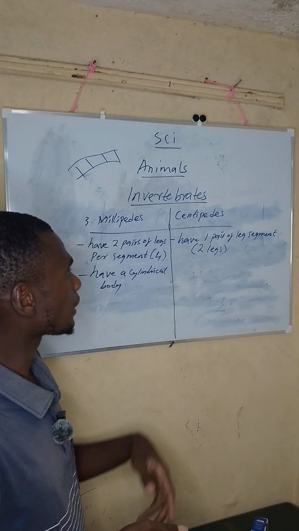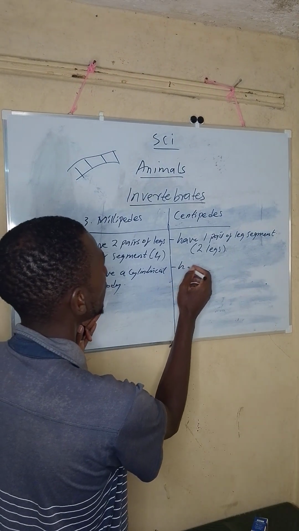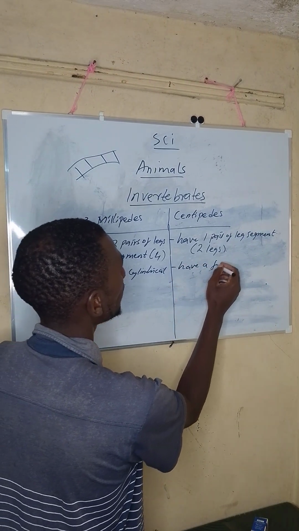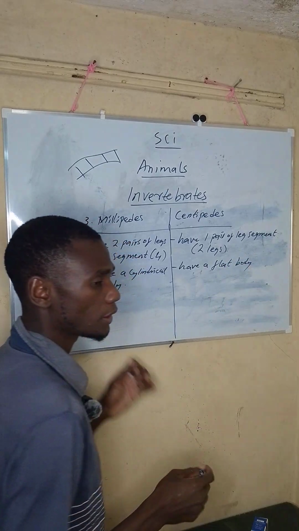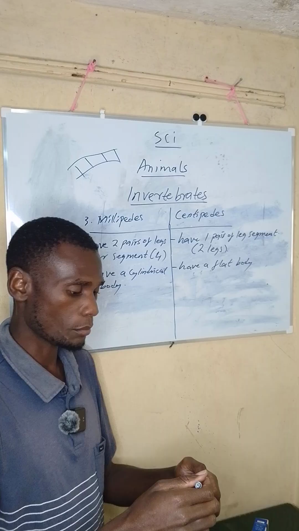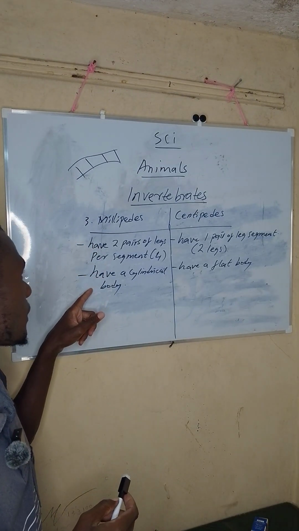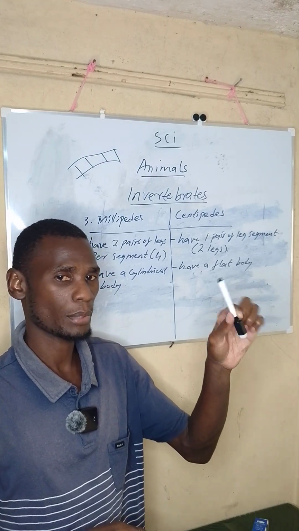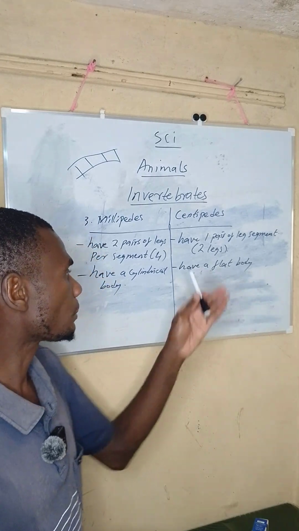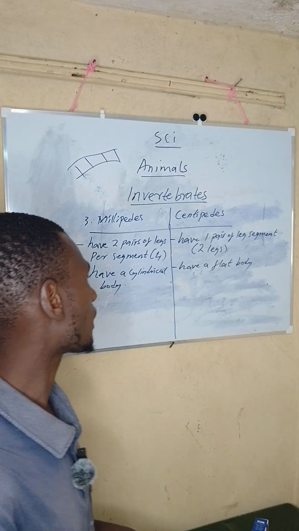But centipedes have a flat body. These ones have a flat body, that is flat like this. If you meet the two, you will realize that the millipede is cylindrical, like this pen here, but the centipede is flat. That is another difference.